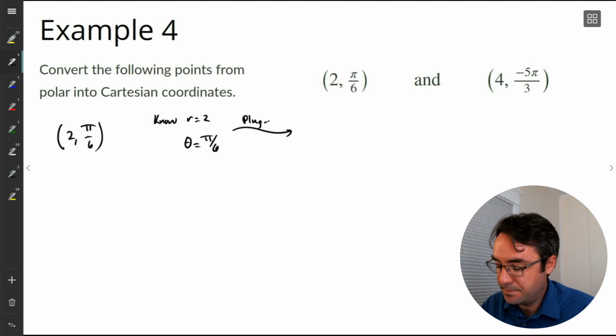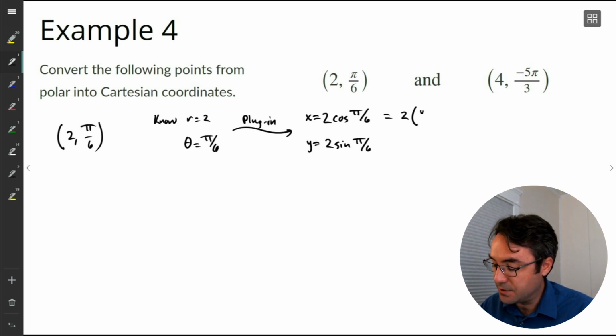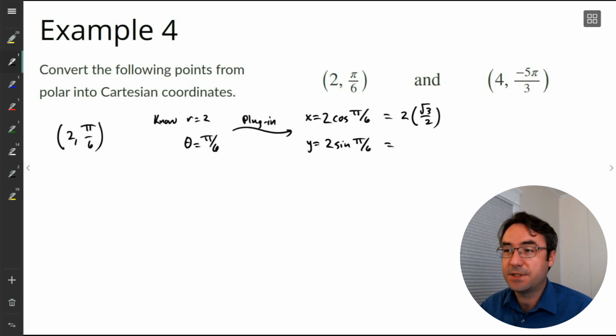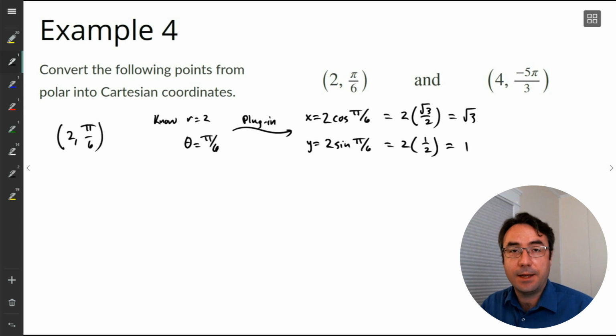We get x is equal to 2 times cosine of pi over 6, and y is equal to 2 times sine of pi over 6. If we evaluate cosine of pi over 6, we get 2 times the square root of 3 over 2. Evaluating sine of pi over 6, we get 2 times 1/2. And then simplifying, we get square root 3 for x and 1 for y.